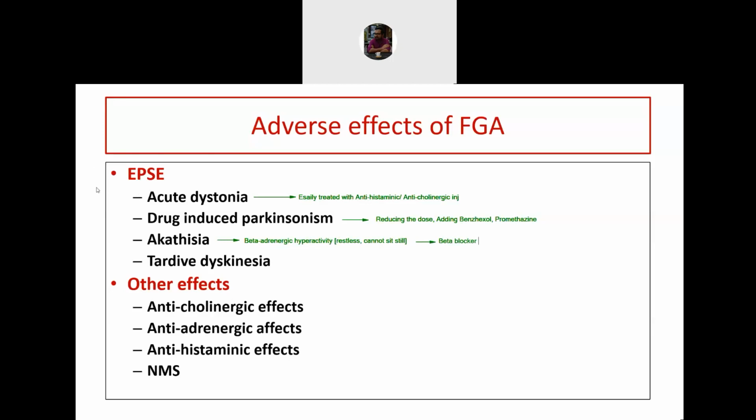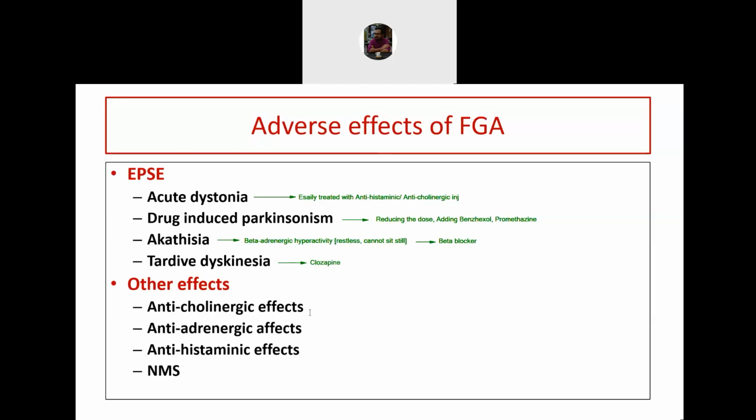Another very dreadful complication is tardive dyskinesia, where a person has involuntary movement of the tongue, lip, or eye. This does not respond to medication very well. However, some result has been obtained by using clozapine. So clozapine can be used to treat tardive dyskinesia, which is an involuntary movement of the tongue, the eye, or the lips.